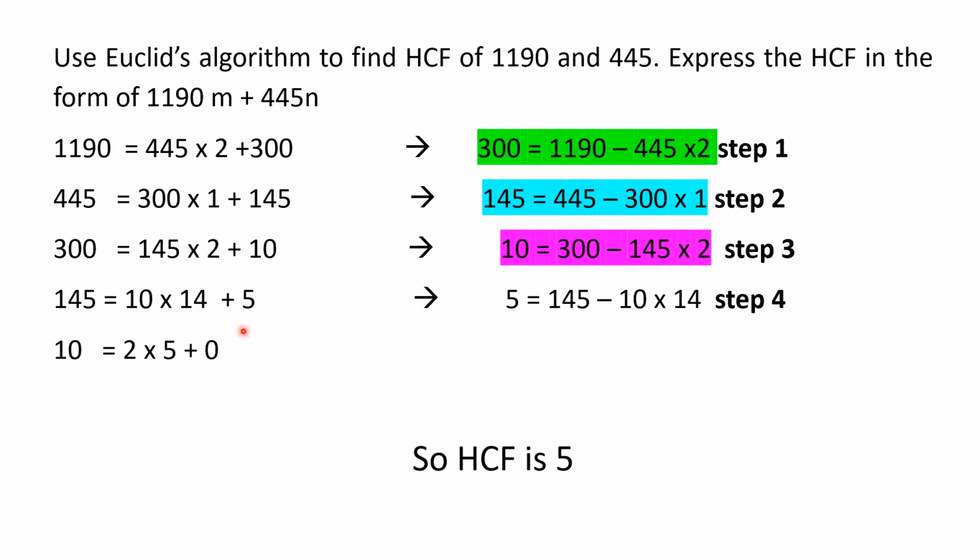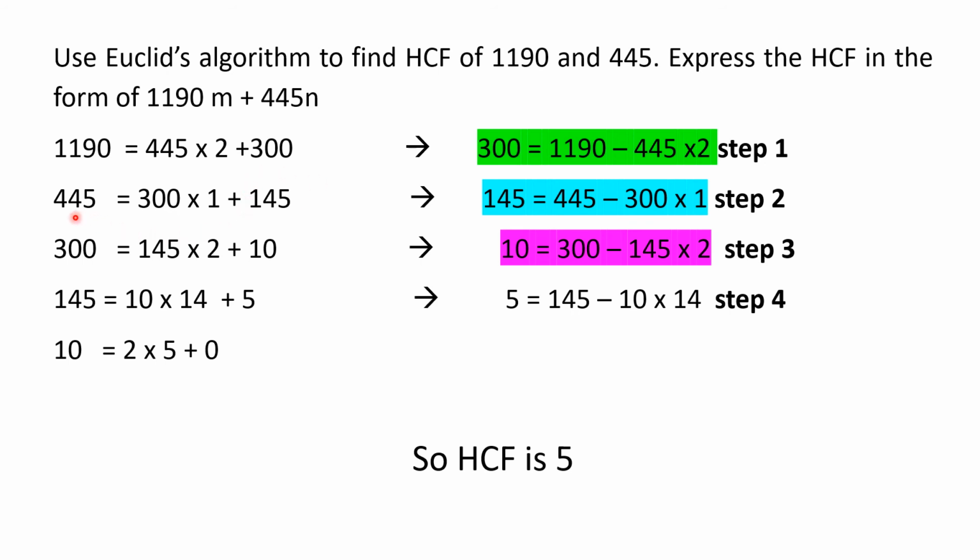From the step prior to the last step, you have to write that remainder 5 equal to 145 minus 10 into 14. Next we are going to write 10 equal to 300 minus 145 into 2.